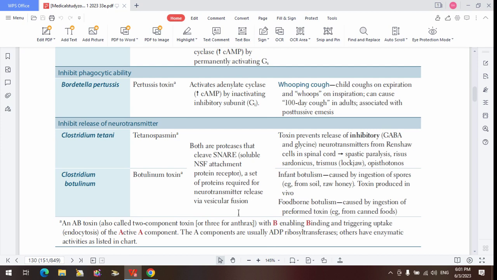So what does it now lead to? Clostridium tetani, when it does that, it's actually specific for inhibiting the release of neurotransmitter vesicles containing GABA and glycine. These are inhibitory neurotransmitters. So it inhibits the release of this inhibitory neurotransmitter from inhibitory interneurons.